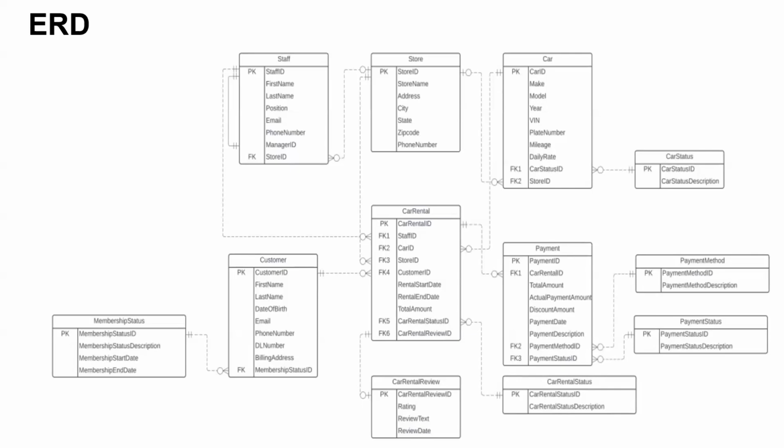Yeah, I think another way to look at this design is, I think the fundamental question is, are we just going to track the current status of a car, or are we going to track the status history of a car, right? Oh, yeah.